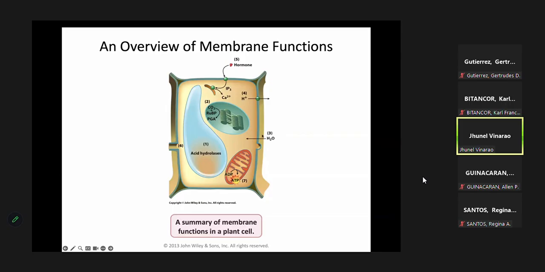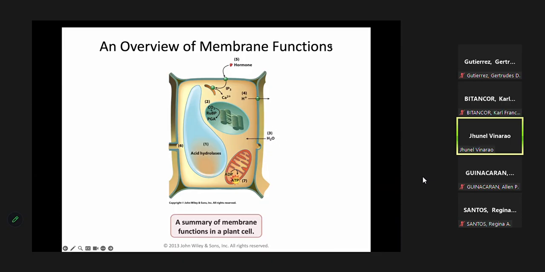For the third one, ito, sa nakikita nyo, may movement yung water from outside, okay, papasok ng cell. So ano kayong function dyan? If you are to describe this item number 3, what do you think is the function of this membrane?